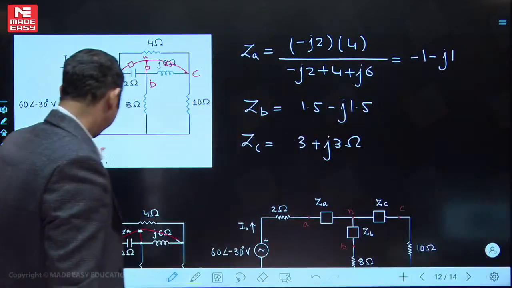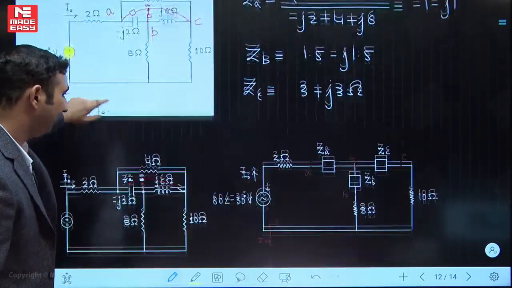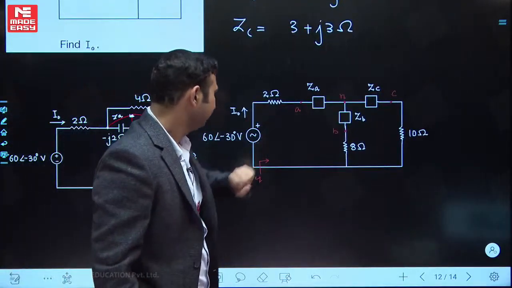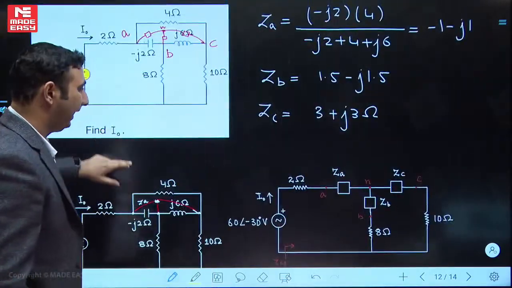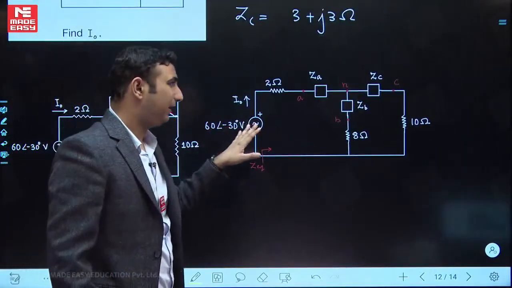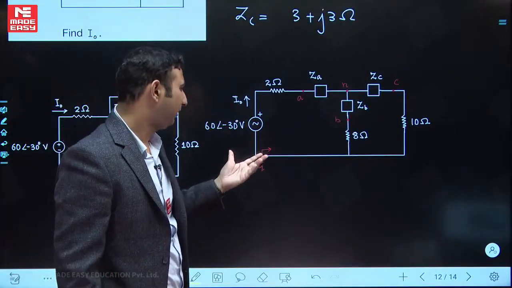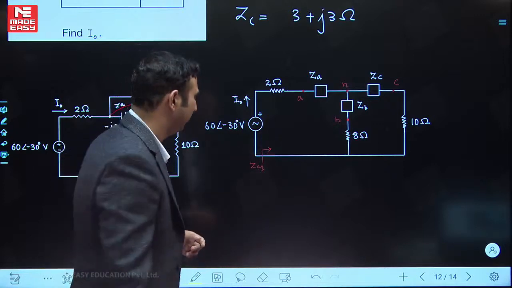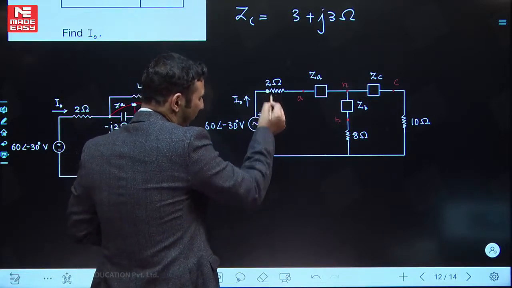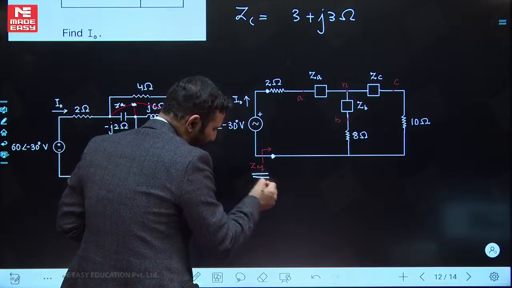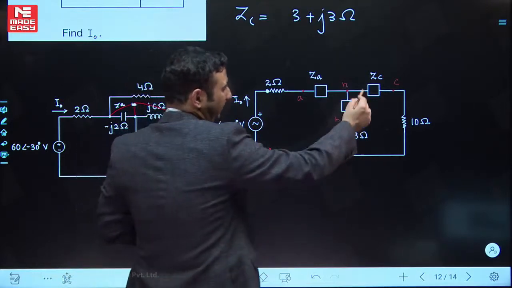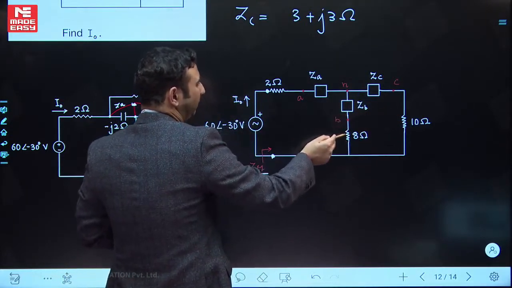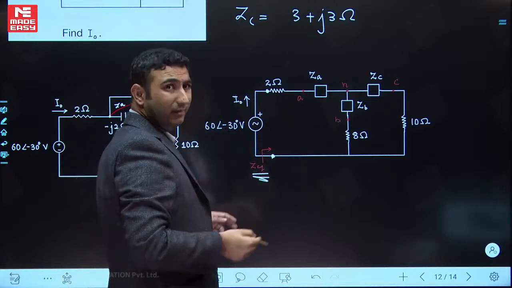Now we have calculated ZA, ZB and ZC. Now we are over here. What we are interested in is calculating I naught. I hope you can do the calculation now. So only calculation remains; it will be wastage of time if I do it all, because now I want to find out the equivalent impedance. Series, parallel, series, you have Z equivalent.